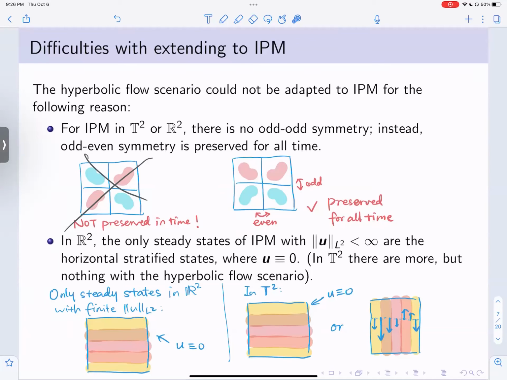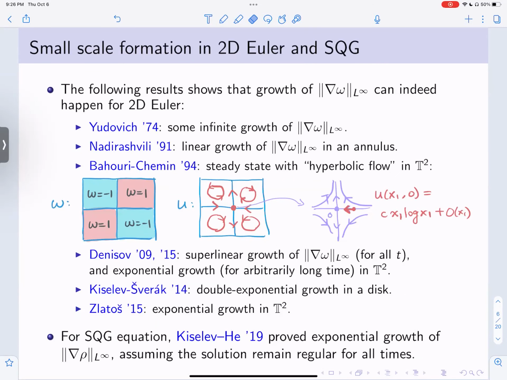One reason is that all these results that lead to exponential or double exponential growth in Euler are based on the Shimon-Bahuri steady state, where they use the crucial fact that if omega has this odd symmetry, then the symmetry is preserved for all time.